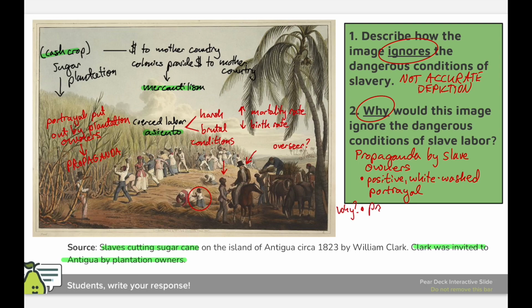Why would this image ignore the real conditions of slave labor in the sugar plantations? What is their purpose in putting forth this false whitewashed image of life on the sugar plantations?